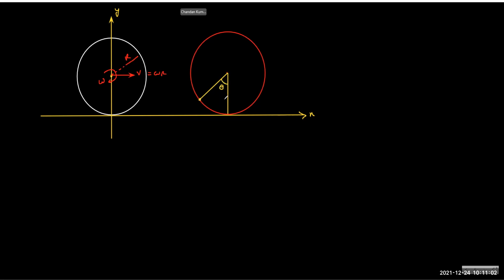So this point will have two velocities. One in the frame of the center of mass. In the frame of the center of mass, what is the velocity? You know this is tangential. But the center of mass itself is going forward, and therefore now it's done.